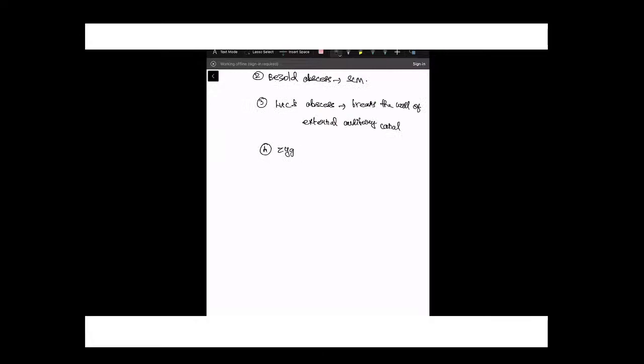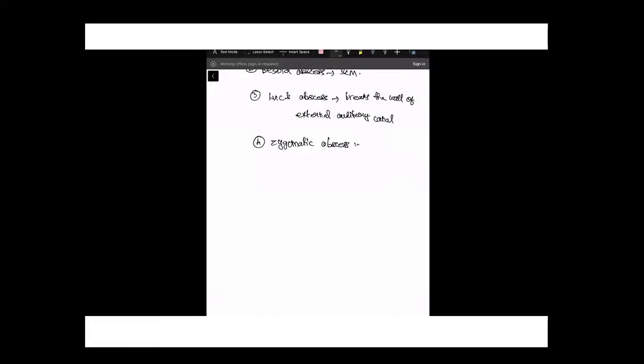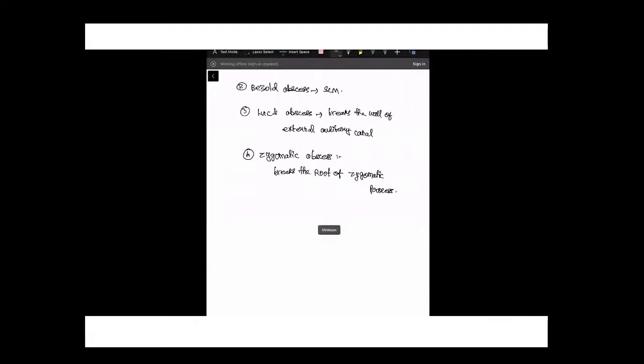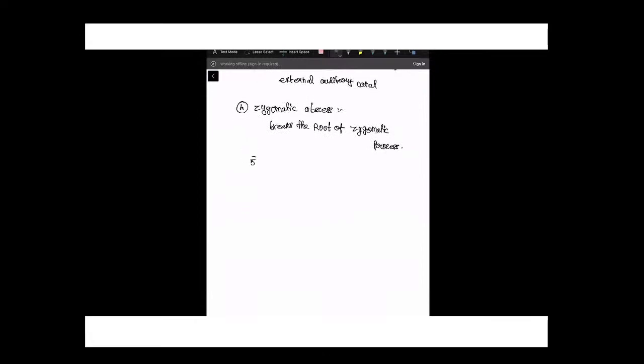And we have zygomatic abscess. If the cholesteatoma breaks the root of the zygomatic process, it's going to be zygomatic abscess. The last one, Citelli's abscess.